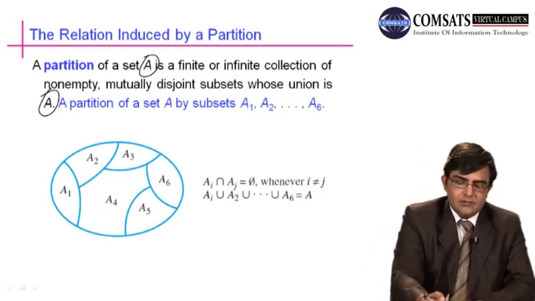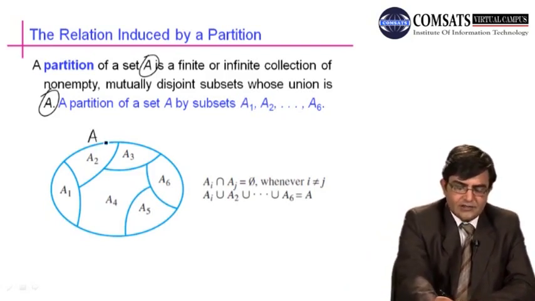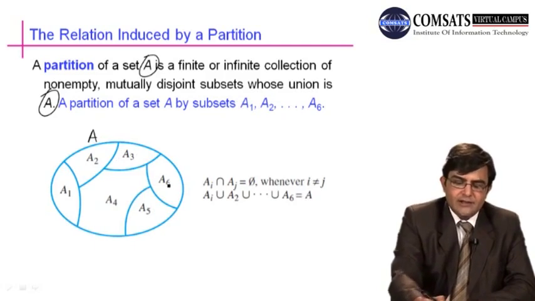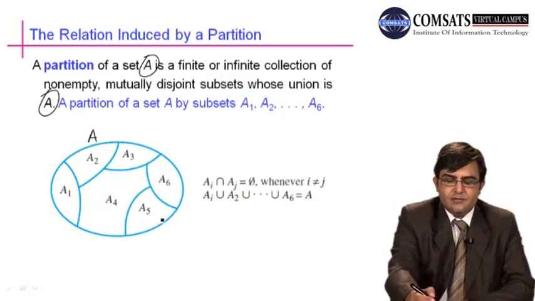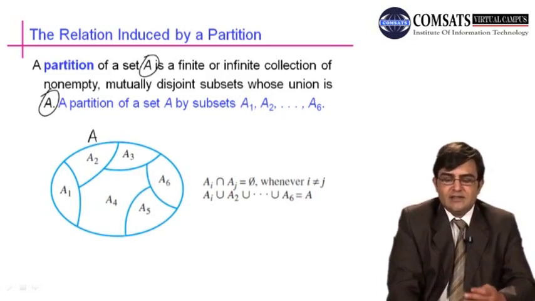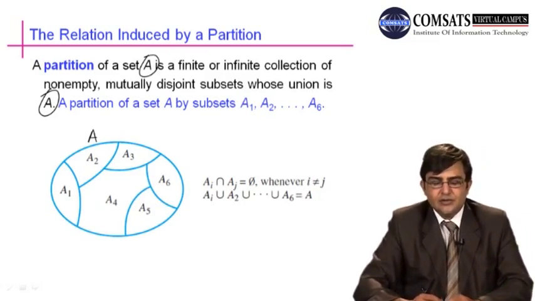Graphically we can represent it as, if this is the whole set A, we divide it into some portions A1, 2, 3, 4, 5, 6. We take the 6 subsets of the set A. Now these sets are basically mutually disjoint.